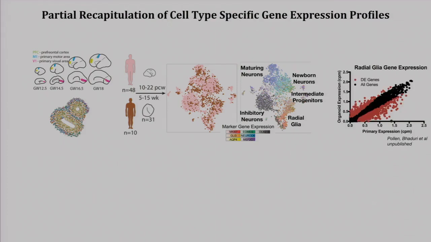When you compare gene expression in an unbiased, cell-type-specific manner, you start to see some of the differences. Here is a scatter plot where you compare gene expression level within a radial glia class across cerebral organoid and primary cells.